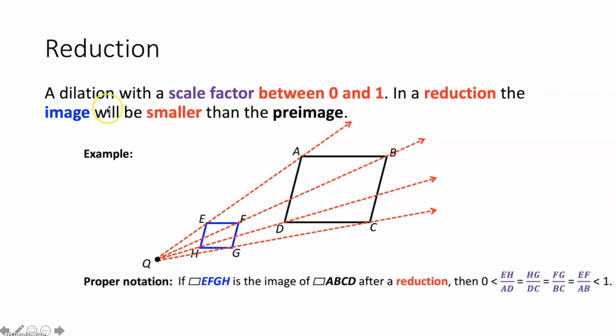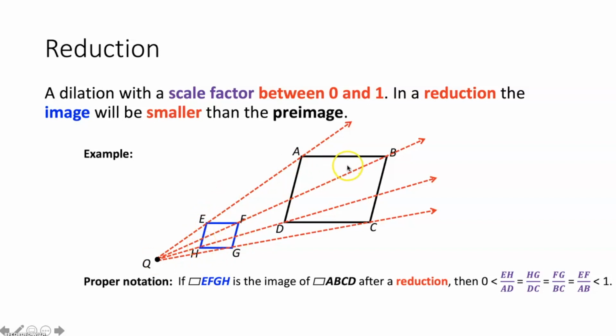Now, a reduction would be a dilation with a scale factor between 0 and 1. In a reduction, the image will be smaller than the pre-image. So this time, we're taking parallelogram ABCD to be our pre-image, and it's undergoing a dilation with point Q as the center of dilation, and our resulting image is parallelogram EFGH.